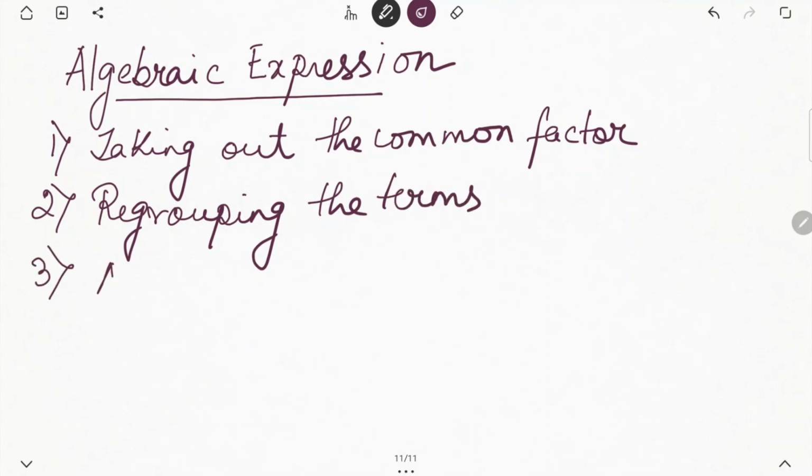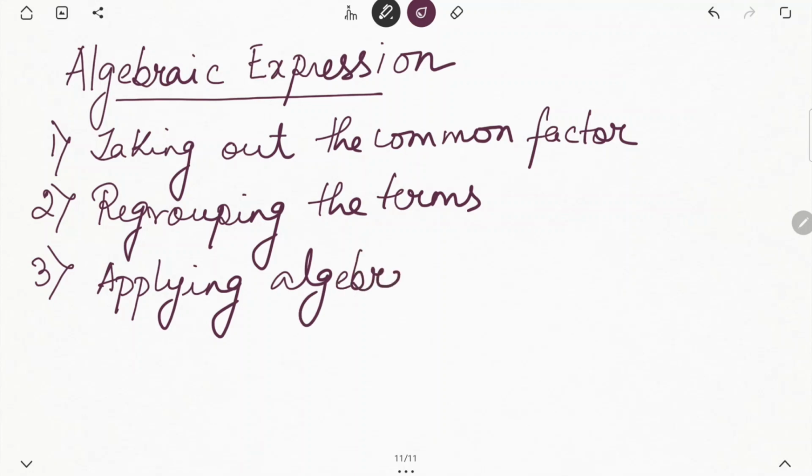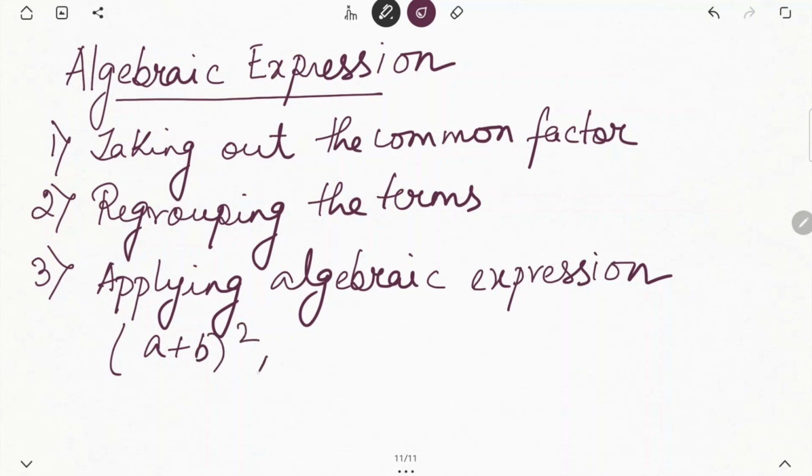Third is by applying algebraic identities, such as a plus b whole square, a minus b whole square, and a square minus b square.